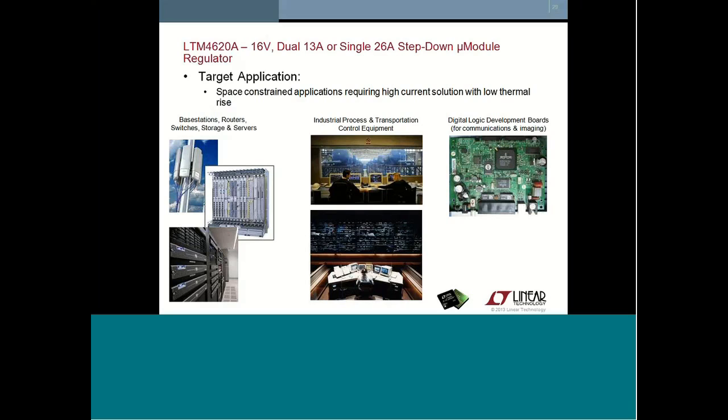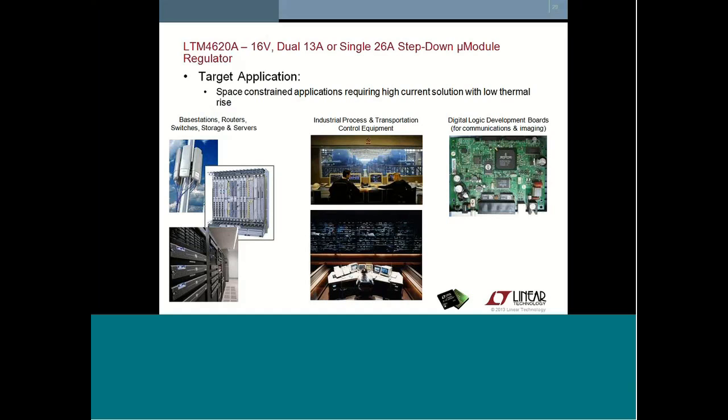So we were speaking about the LTM4620, which is 16 volts on the input, dual 13 amps, or single 26 amp step-down micromodule regulator. The target applications for this particular one are wherever we do not have too much space, we require high currents, and we have to take care of thermal rise.